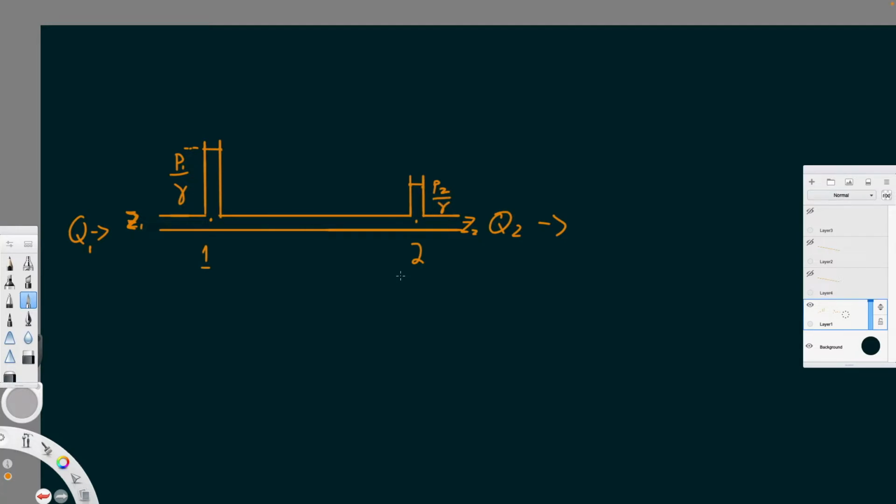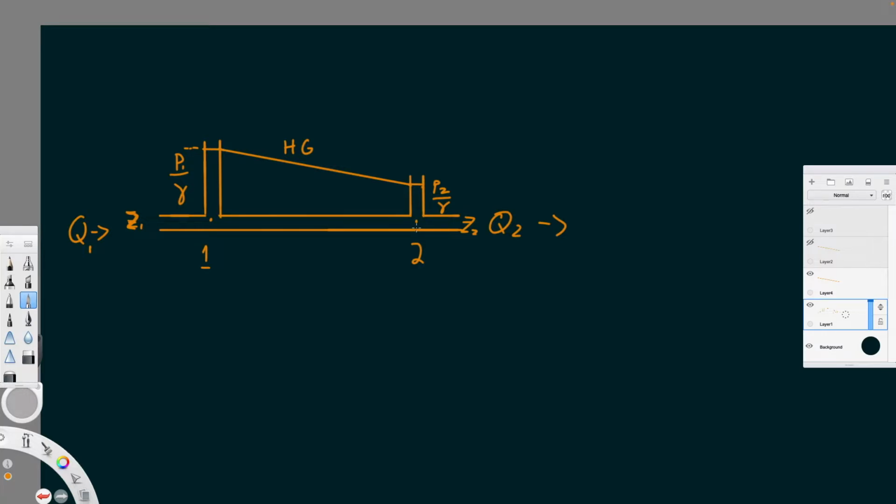Of course, gamma depends on the fluid itself. And then if we connect these, we have what's known as the head grade line, or head gradient. This is essentially just the elevation plus the pressure head at each point along this pipe.